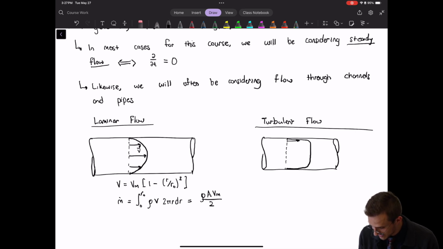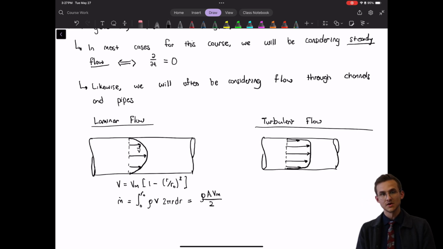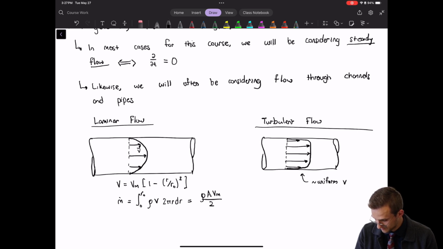But what that means is that we can look at the velocity profile in this flow as though it is uniform. Okay, so we can write that down. This is an approximately uniform velocity profile within the pipe.